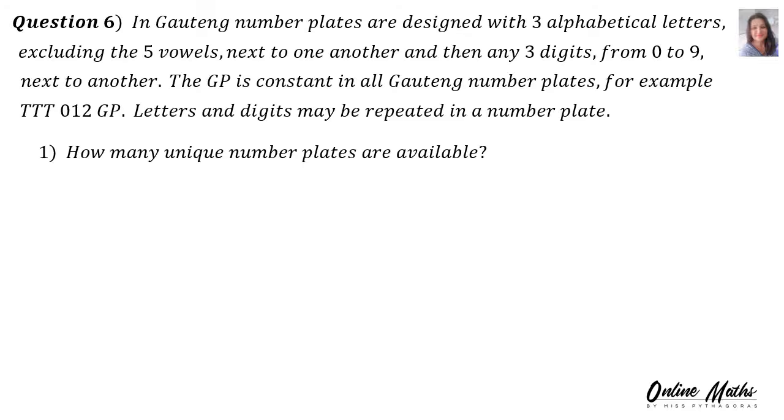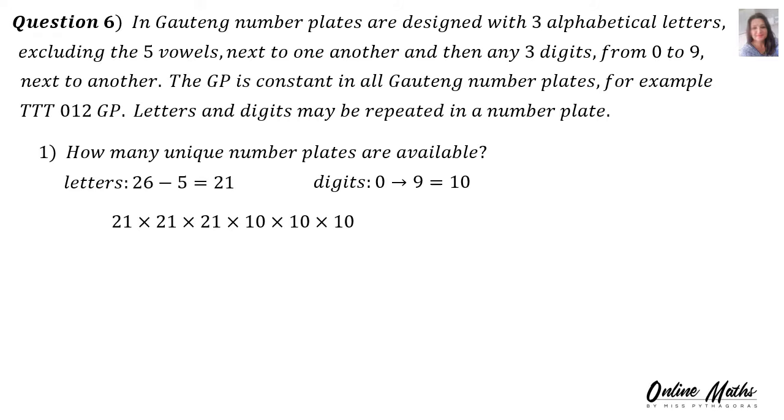Number 1. How many unique number plates are available? Now, do you agree? The letters, there's 26 minus the 5 vowels is 21 possibilities. And then for the digits, from 0 to 9 is 10 digits.